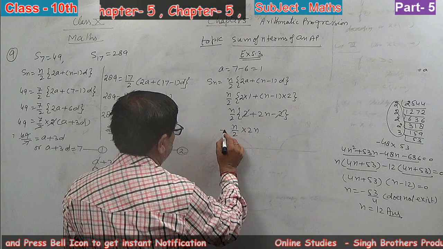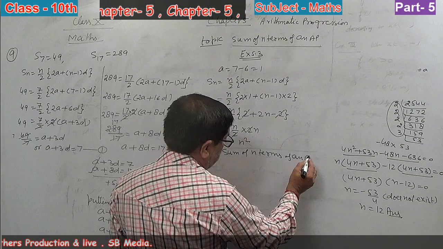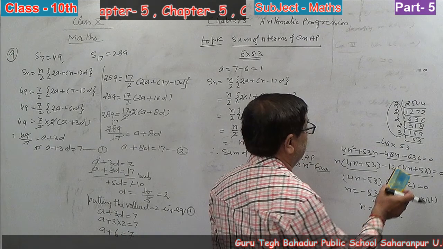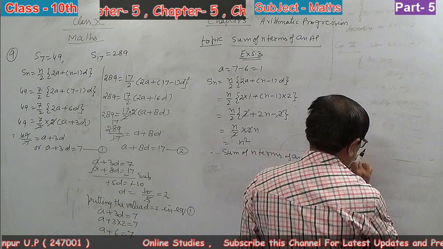So a1 is 9 minus 5 into 1, 9 minus 5, that is 4. n is 2, a2 is 9 minus 5 into 2, 9 minus 10, that is minus 1. n equal to 3, a3 is 9 minus 5 into 3, 9 minus 15, minus 6.